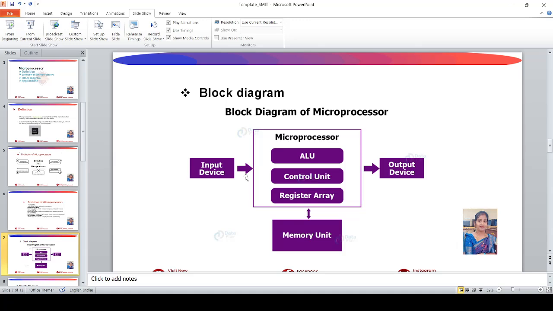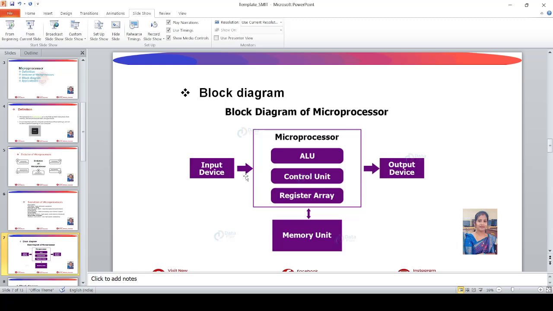So, okay, the ALU is there, the control unit is there, then why is the register array there? What is the register array? The register array is also a memory device, a bit storage device, right? It consists of registers, like general purpose registers and shift registers.